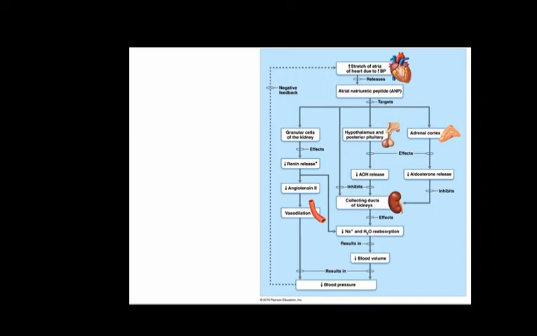Of course, it's possible to have too much sodium as well, and this is something we also talked about when we did the endocrine system, with atrial natriuretic peptide, which basically works as an antagonist to ADH, to renin, and angiotensin.